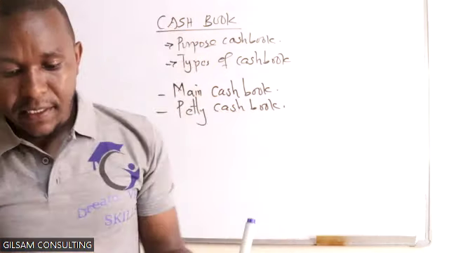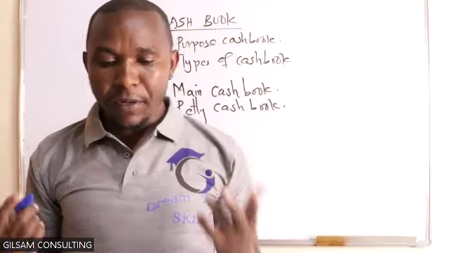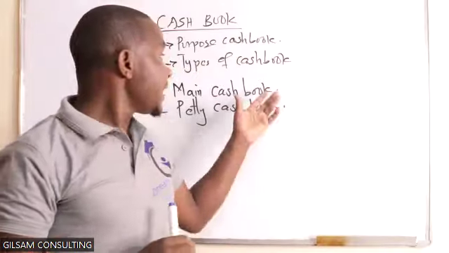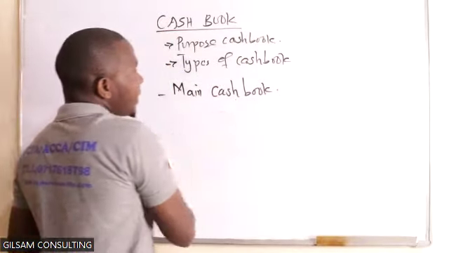So we have the simple or single column cash book under the main one. Also, we have sub-types here.